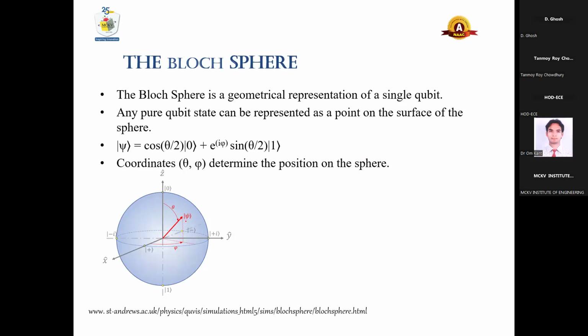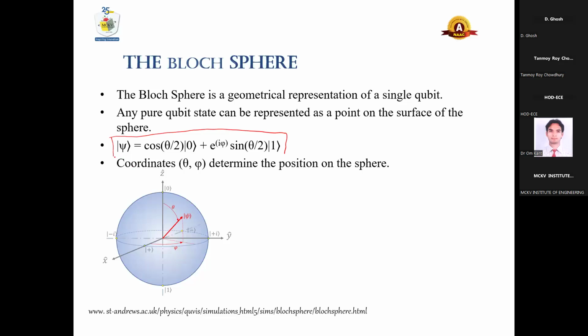If you look at this red vector, the angle that it makes with the z-axis is theta, and the angle that the projection of psi on the xy plane makes with the x-axis is phi. So this is psi in general.